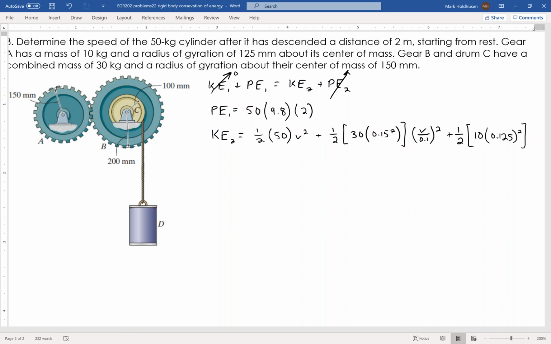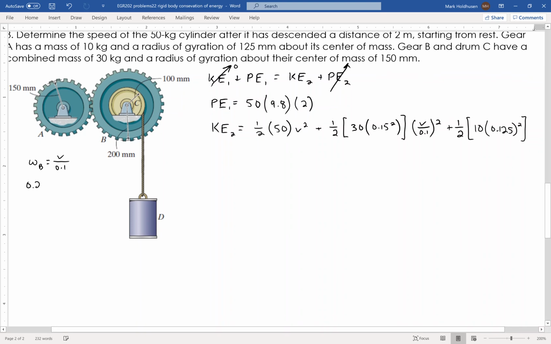So what I know here is that omega b is equal to v divided by 0.1, just like I had before. Now, using the gear ratio, I know that 0.2 omega b has to equal 0.15 omega a.